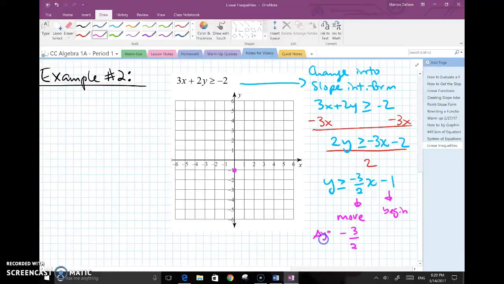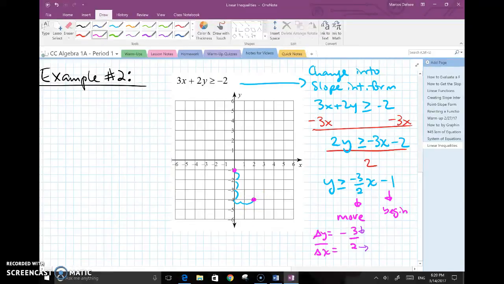So this is my change in y, this is my change in x. And so my change in y is telling me, take your y and move down 3 levels from where you are right now. So I'm going to move down 3 levels and then 2 to the right. So doing that, I get the following. So 1, 2, 3, and 1, 2 to the right. Where I stop is where I put my next point, which is there.